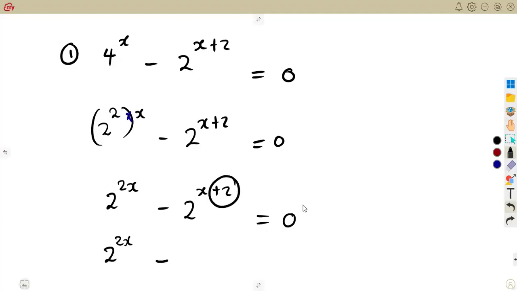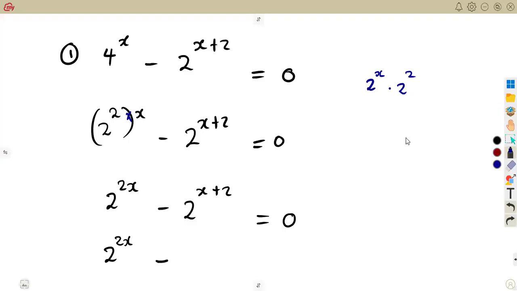Minus, remember the addition. This addition is just like 2 to the exponent of x times 2 to the exponent of 2. You were multiplying, having the same base, and you have to add the exponents.